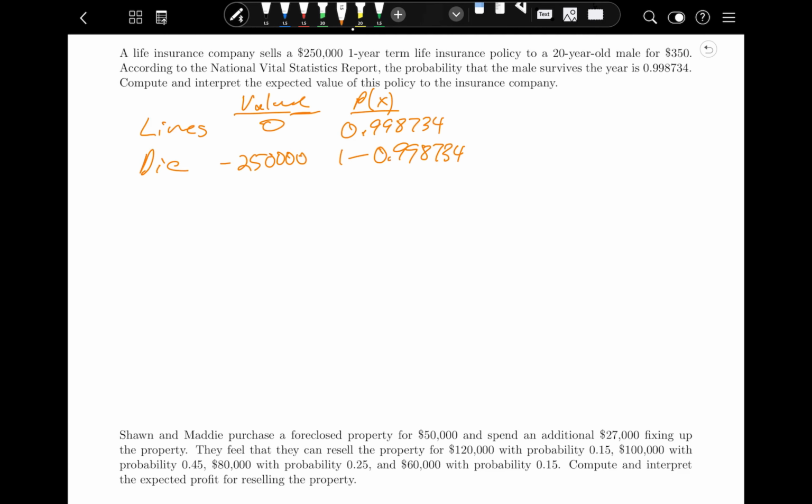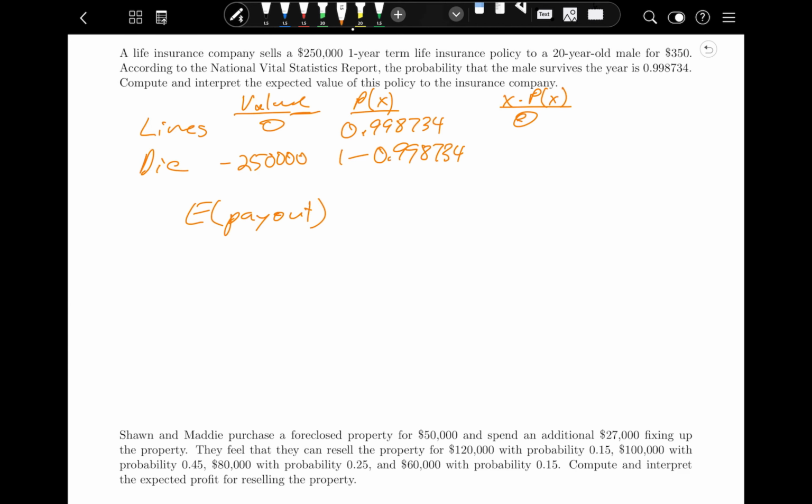Okay, if we multiply these together, so this is to do the expected payout. If we multiply these together and add, 0 times 0.998734 is 0. So x times p of x is what I'm putting in this column.